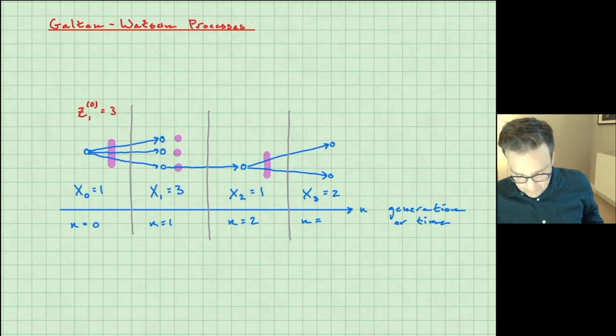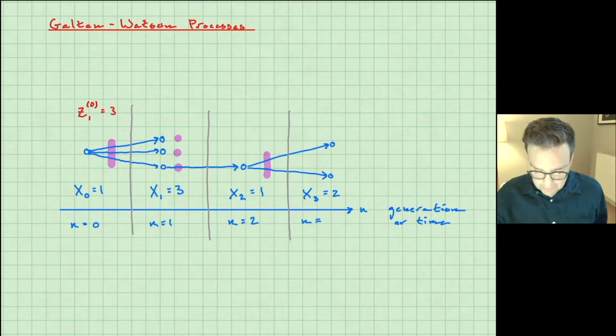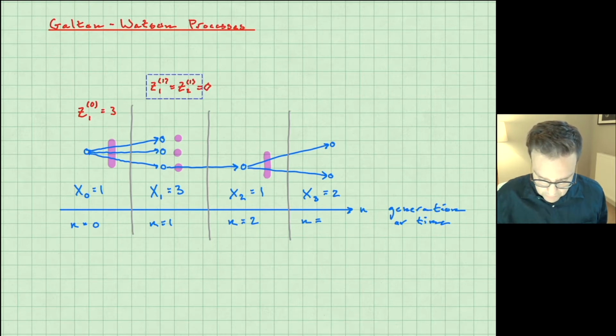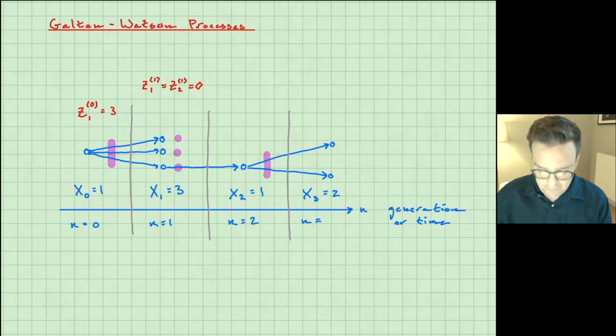And similarly, we can introduce 3 different Z quantities for this generation, 1 for each of the current offspring. And so we'll say Z1 at time 1 is equal to Z2 at time 1, and that's 0, because neither of those members of the population branched or produced an offspring.